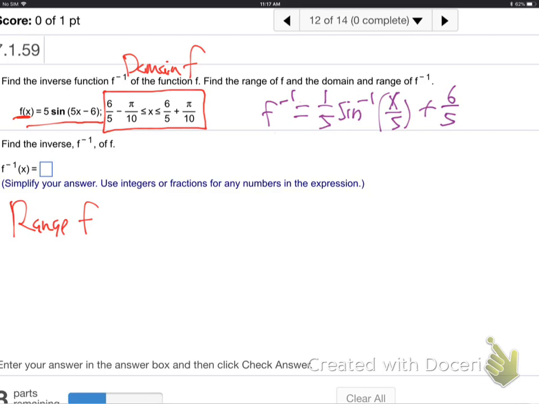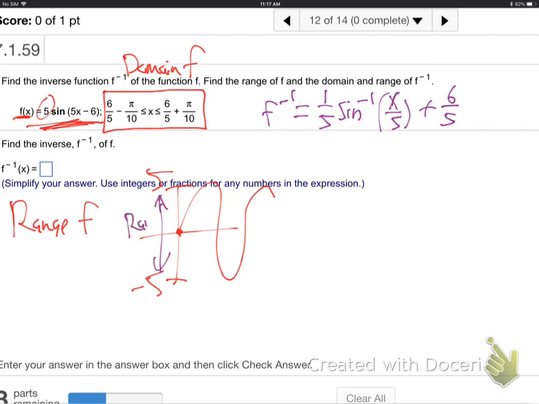Because of that 5 in the front, just imagine if you're graphing, remember we did the graphing homework yesterday. If you were to graph that, that'd be the sine function. It starts at 0, but that 5 does tell you how high and how low it's going to go. Remember that's the amplitude? That's the top and the bottom, right? So this f graph is going to go to a height of 5 and a depth of -5. So that is its range.